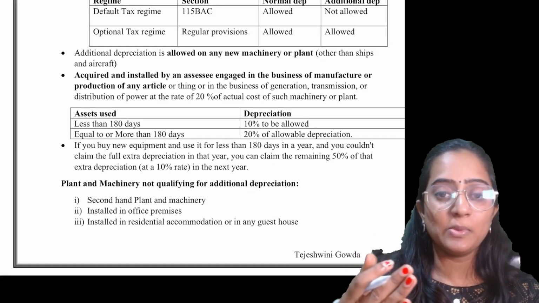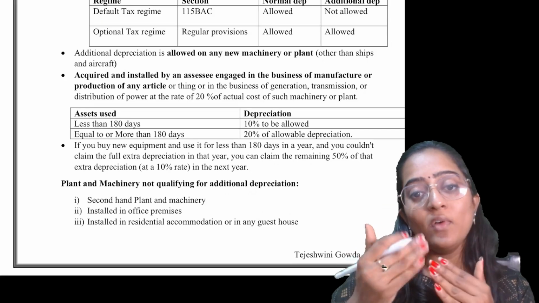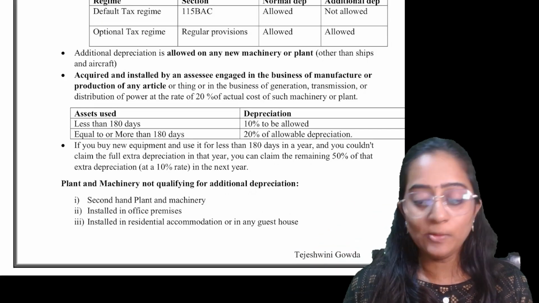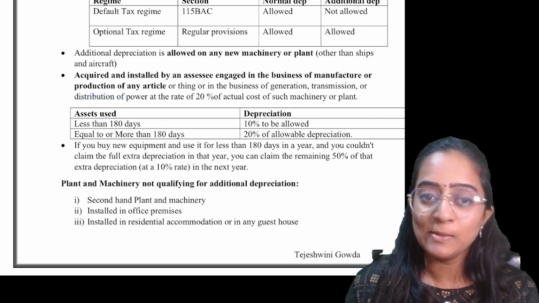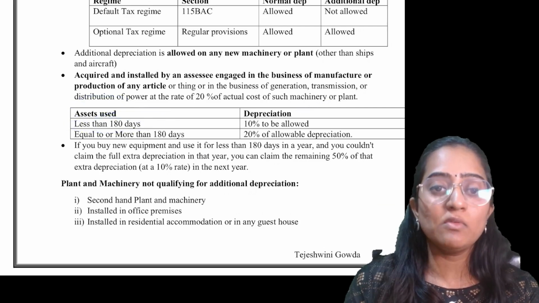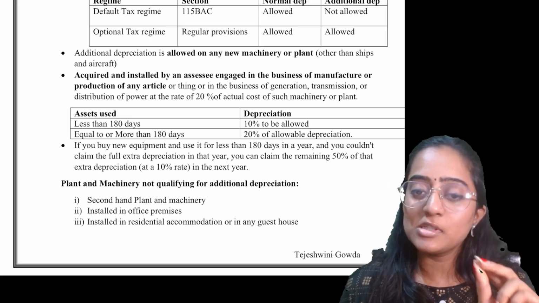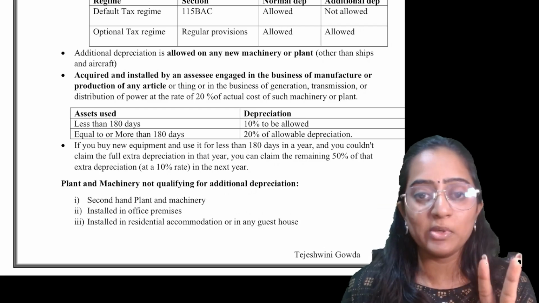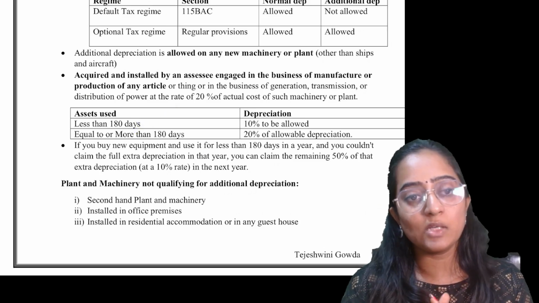And this additional depreciation, remember the term itself states it's additional, which means it is over and above your normal rate of depreciation. And the asset should be used for less than how many days? 180 days. If the asset is used for a period of less than 180 days, you will get 10% of the depreciation. Maximum depreciation allowed as additional depreciation is 20%. Out of that, 10% is allowed if it is put to use for a period of less than 180 days.